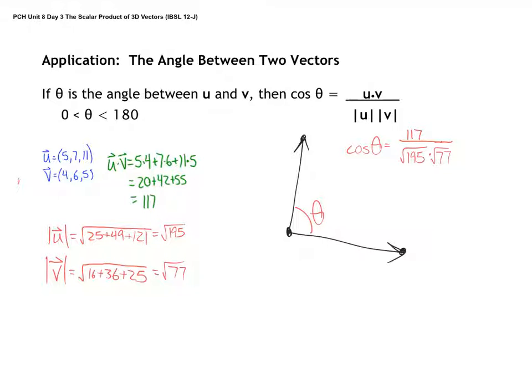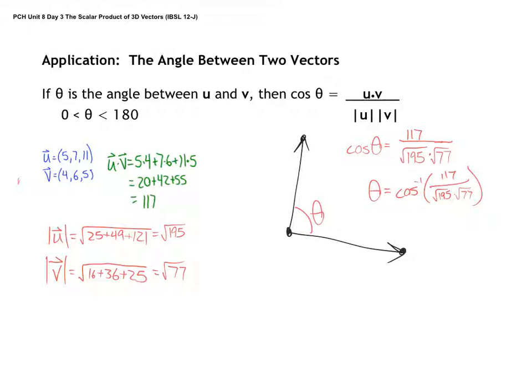All right, so now that we figured that out, we know it's supposed to be acute. Let's go ahead and solve for theta. How do we solve for theta? Good, inverse cosine, or arc cosine of 117 over radical 195 times radical 77. Be careful putting it in your calculator.